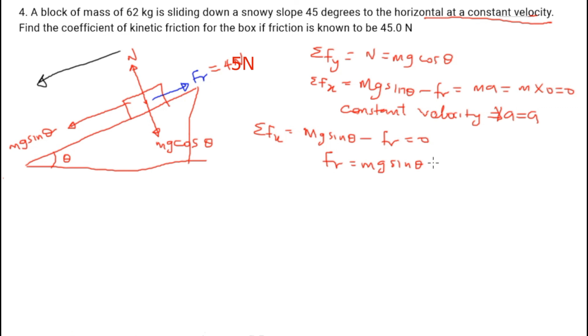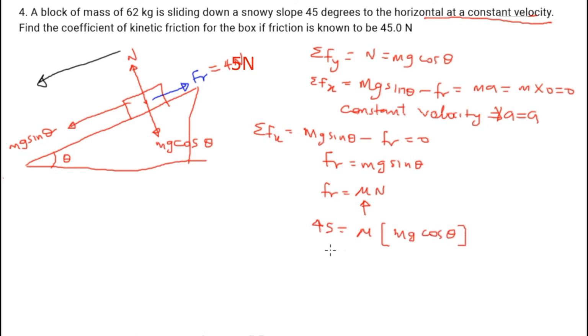Now notice that Fr is equal to mu n, where mu is the coefficient of kinetic friction, and Fr is given as 45. So we may go ahead by substitution. Fr is 45 Newton, and then the mu, and then the normal reaction. The normal reaction is given as mg cos theta.